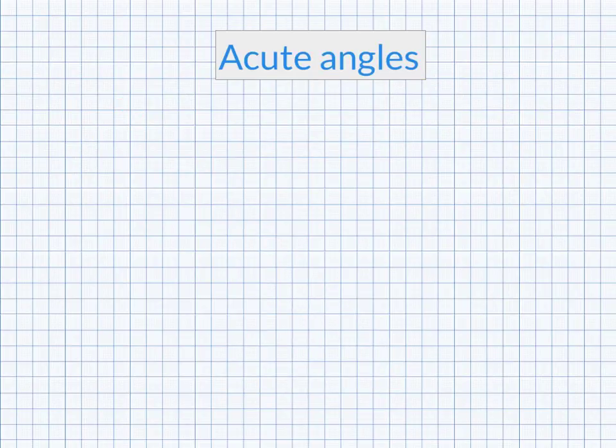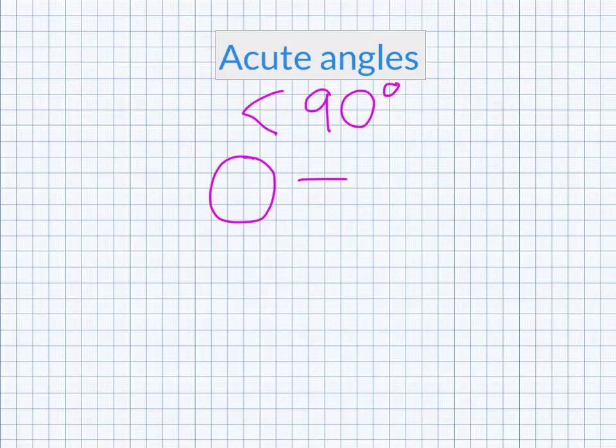Acute angles are angles that are less than 90 degrees. That means any angle between 0 and 90 can be an acute angle.